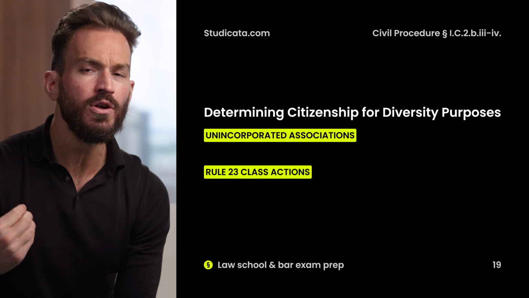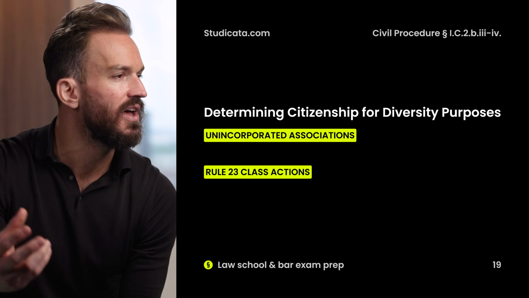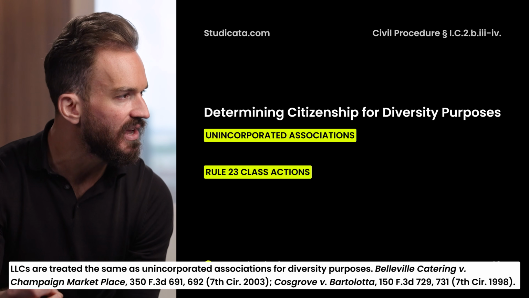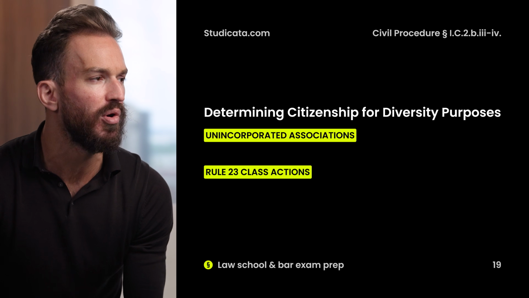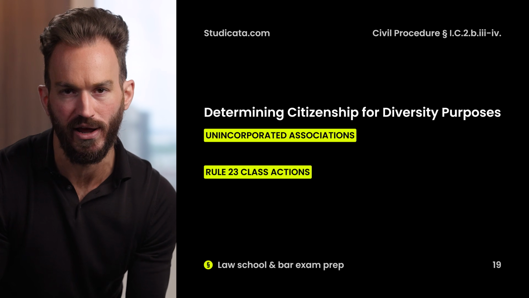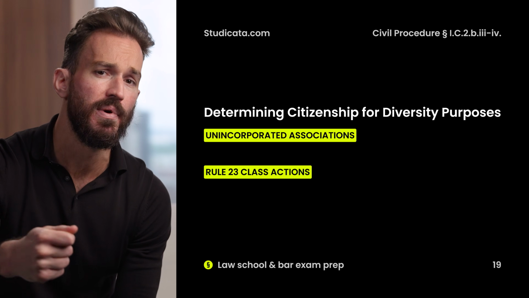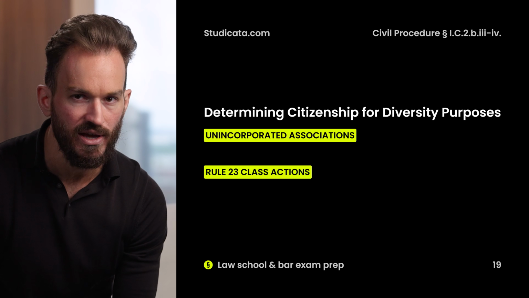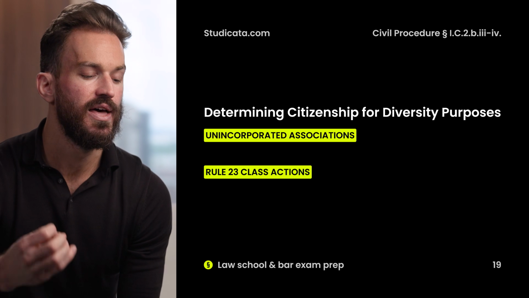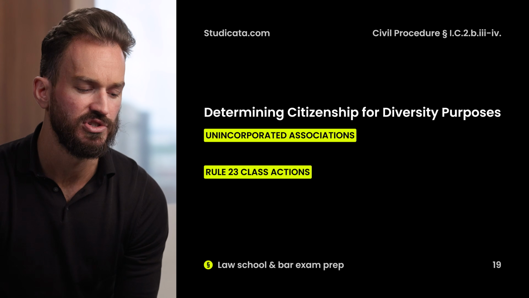For unincorporated associations, this would be things like labor unions, limited liability companies, really any organization of people that has not been incorporated, that has not filed their articles of incorporation to become a corporation. Limited liability companies, labor unions, partnerships, are the main types of things you see here as unincorporated associations.